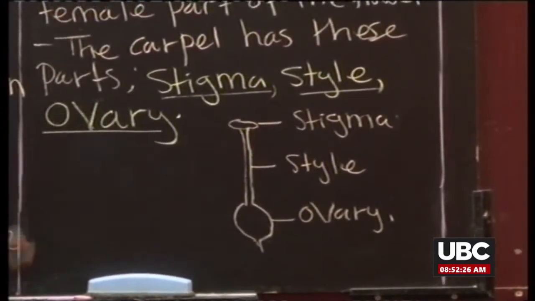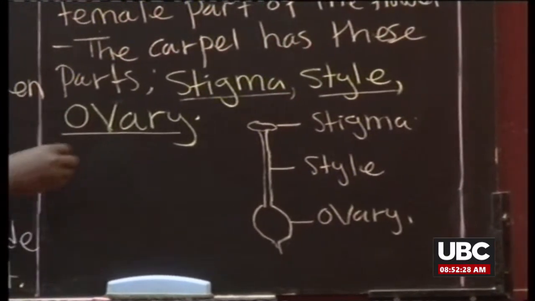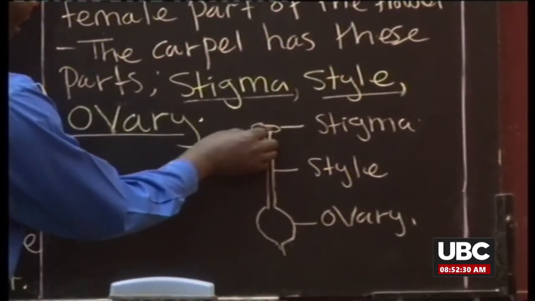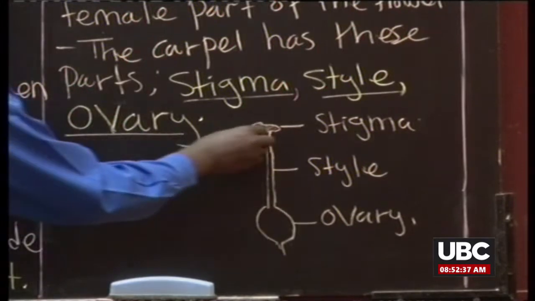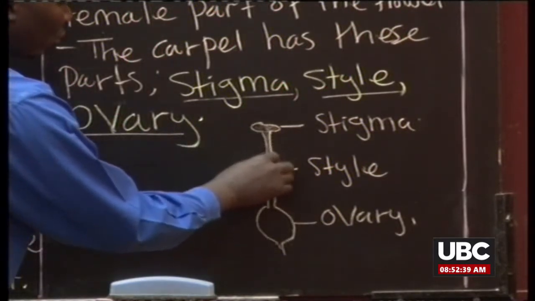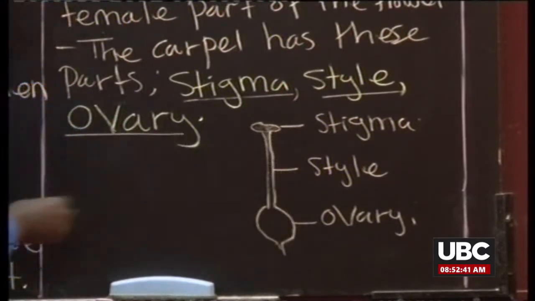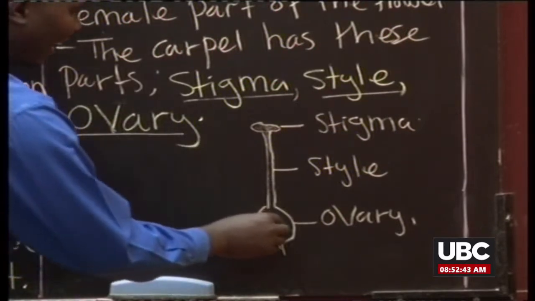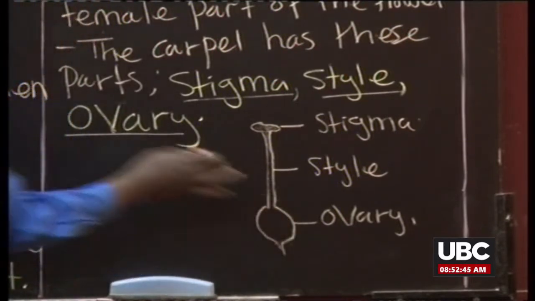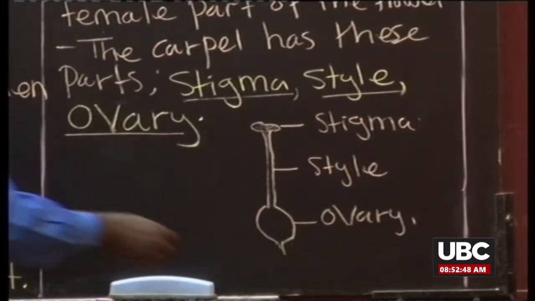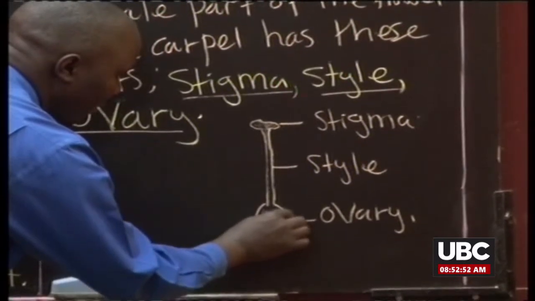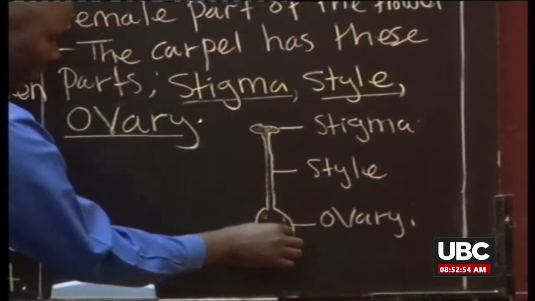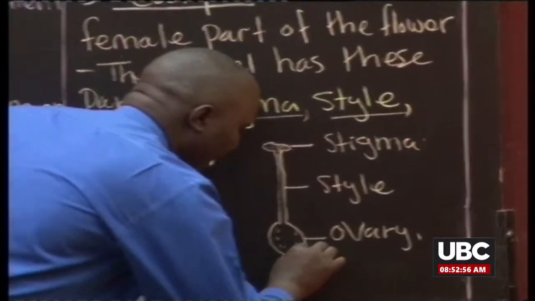And when you draw it in your diagram, you will have here the stigma that we already know receives the pollen grains. Then the style, the tube through which pollen moves down. And then lastly, the ovary. This part, if you have the ovules, they are here.